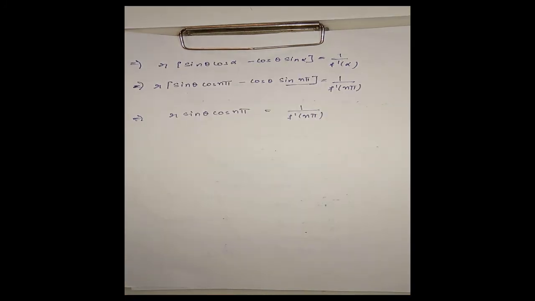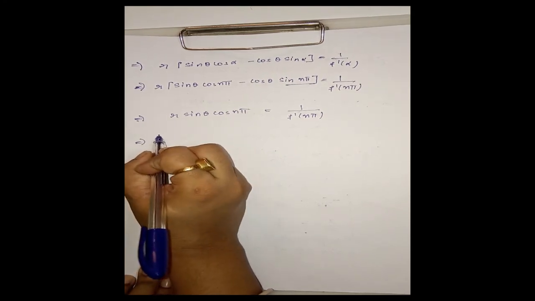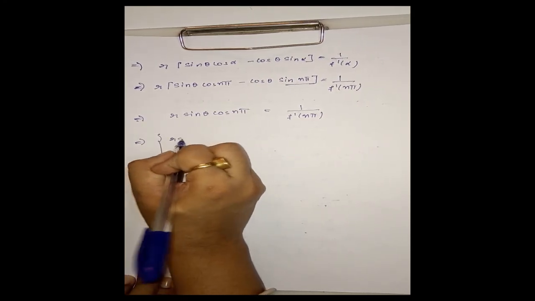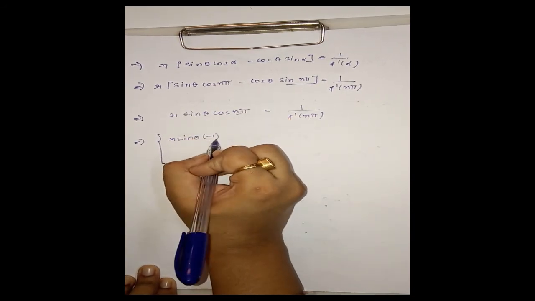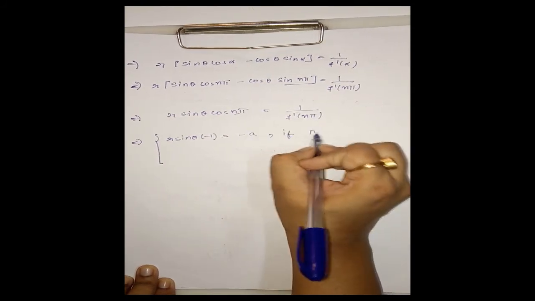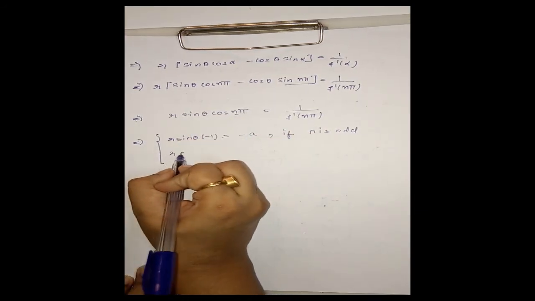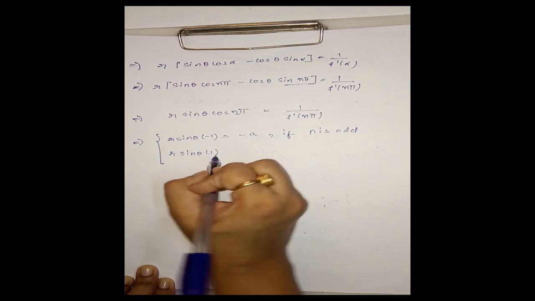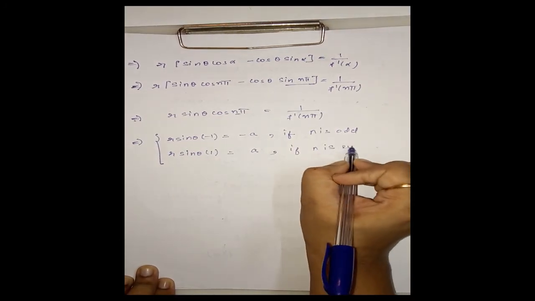Now this has two values according as n is odd or n is even. If my n is odd, this will be equal to minus 1, so r sin theta into minus 1, and here it is minus a if n is odd. And if my n is even, this is equal to 1, therefore r sin theta into 1, and it is a if n is even.